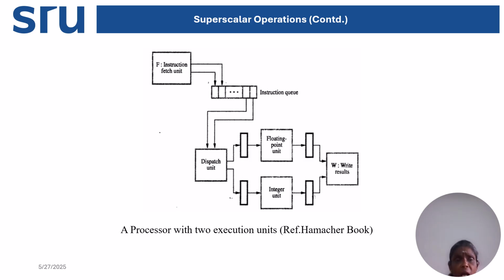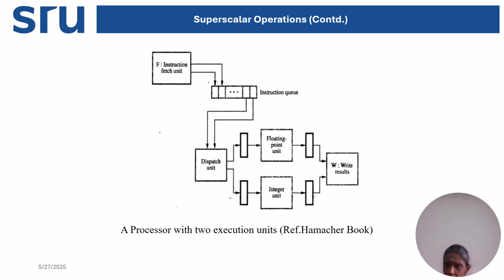Here F is the instruction fetch unit. Then there is the instruction queue, and then the dispatch unit, which sends instructions to the floating point unit or the integer unit. Normally it will go to the integer unit only. Suppose the operation is based on floating point, then it will be supplied to the floating point unit.